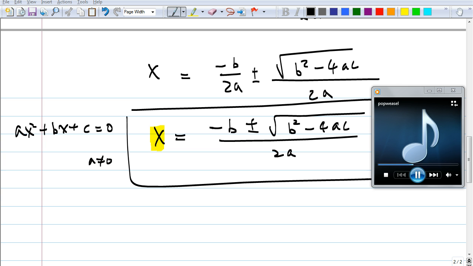Let's do it again. X equals negative b plus or minus square root of b squared minus 4ac all over 2a. And if you could kind of sing it in this tune too if you like.